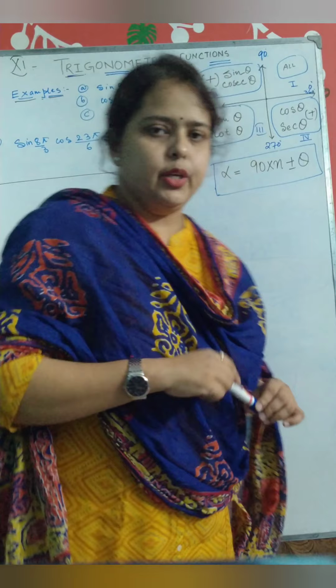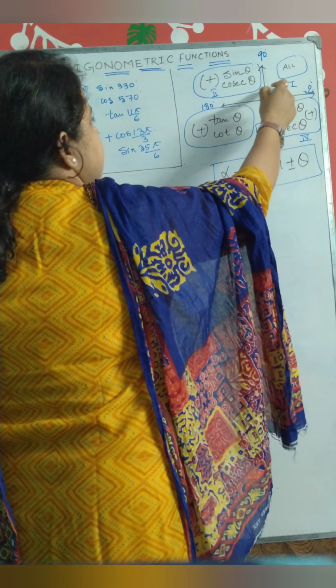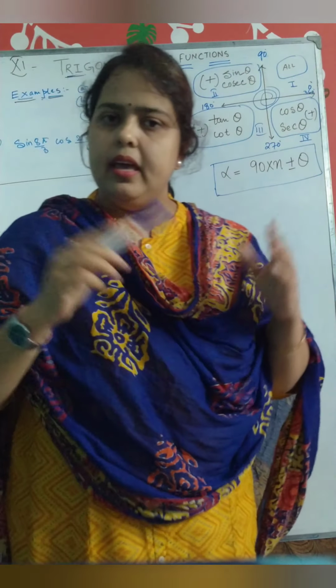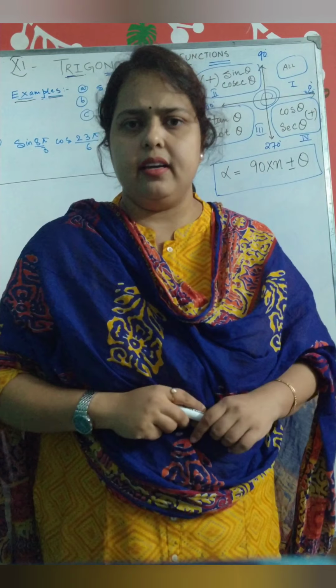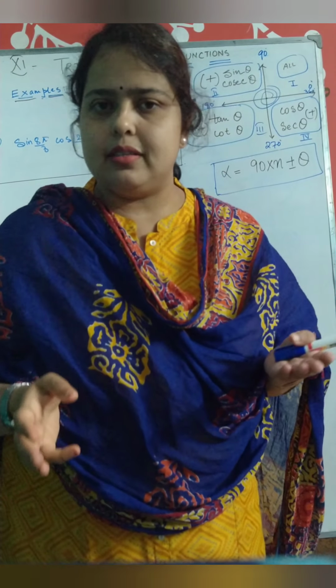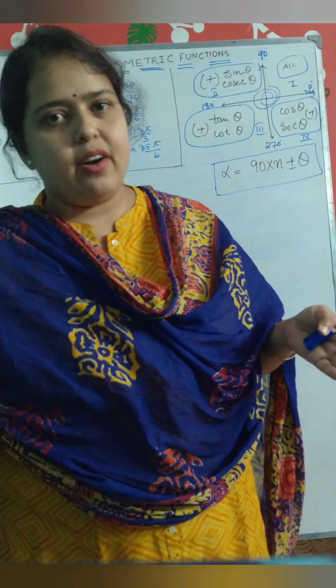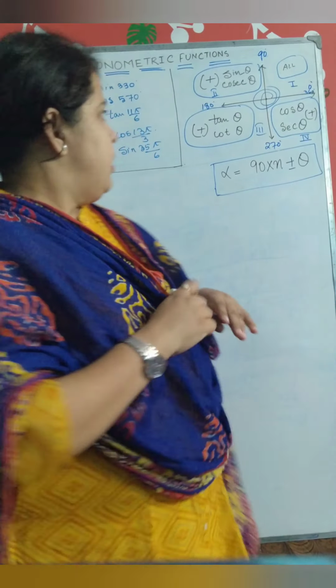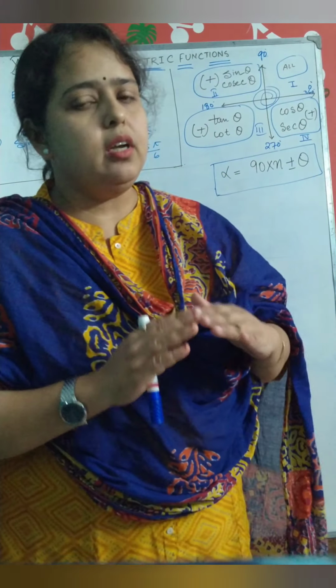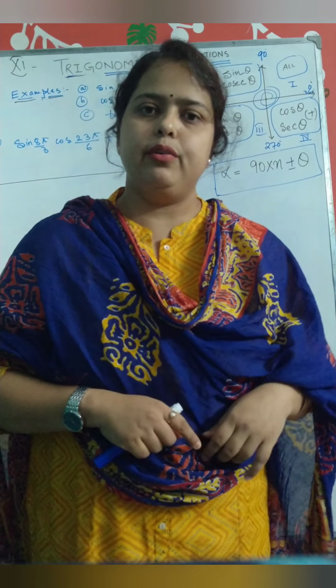I have explained to you that we are going round and round like this, and it can attain any angle as you wish. It can be 360 or 3600 or 3 lakh also. Based on the known angles, we can find out their values.